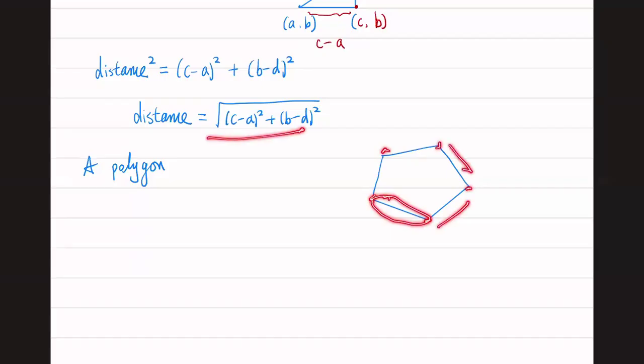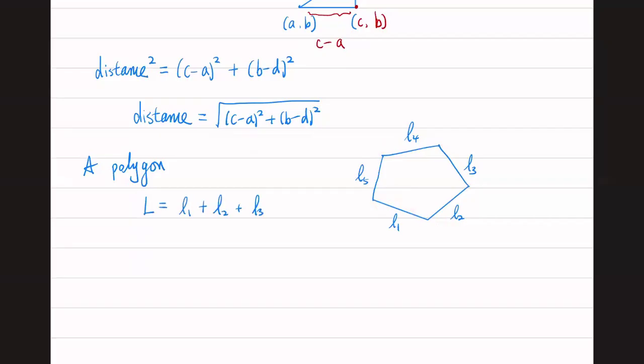The distance, we add them together, get the perimeter. So this L1 is the length of the first side, length of second side, and on.